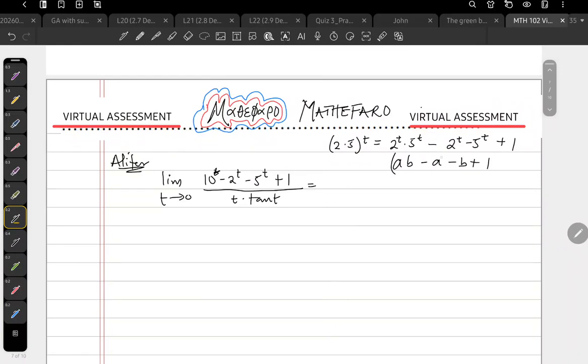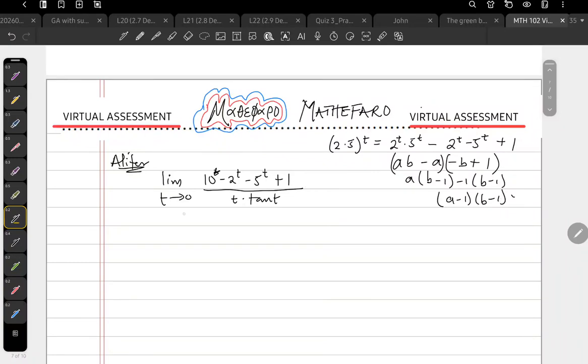And if we group this, if we pair this up, a is common here. So we have a(b minus 1) and negative 1(b minus 1). So it can be factorized as (a minus 1)(b minus 1).